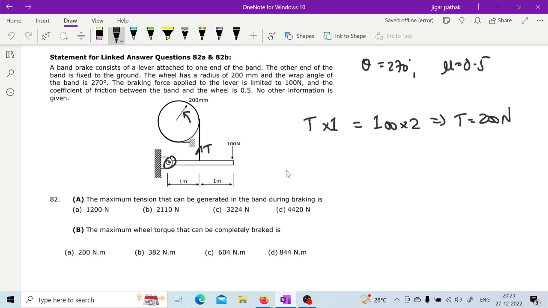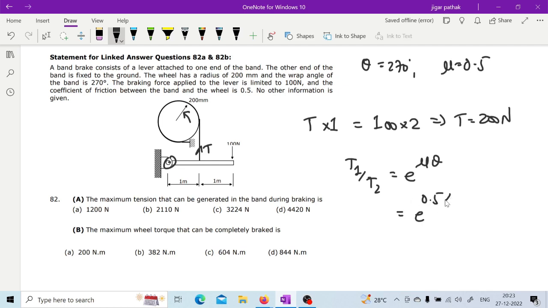Yes sir. And after that, apply T1 by T2 equal to e raised to mu theta, where mu is 0.5 and theta is 270, which is 3 pi by 2.